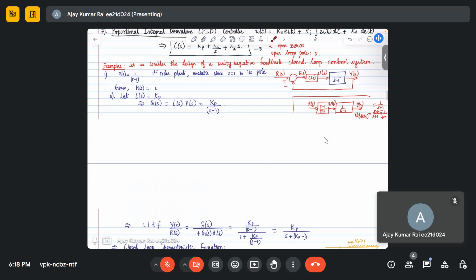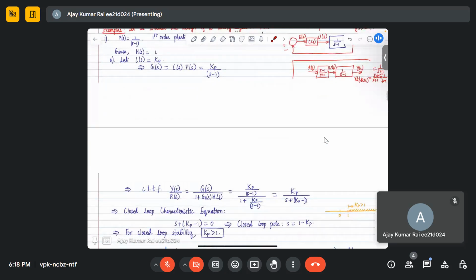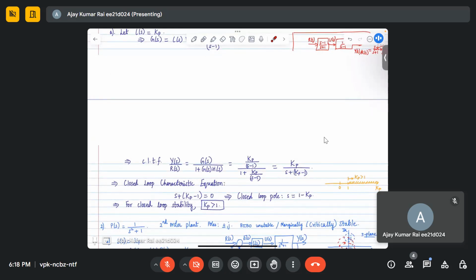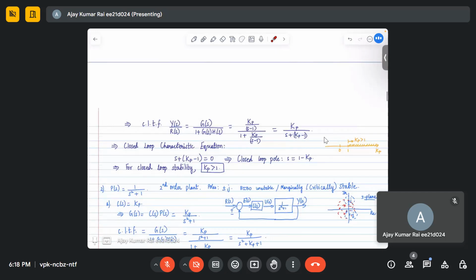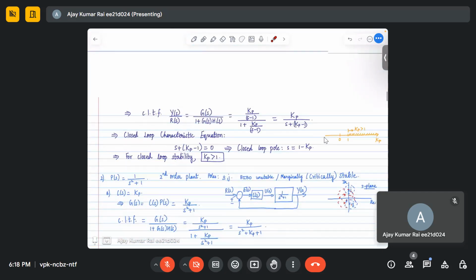But if we use a proportional controller and find the closed loop transfer function, for a particular value of Kp the closed loop transfer function becomes stable. So the controller can also stabilize the plant.